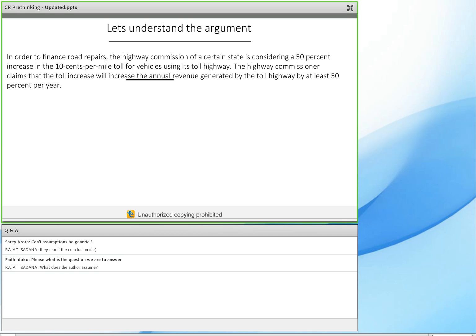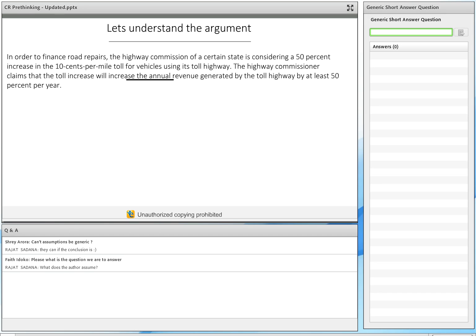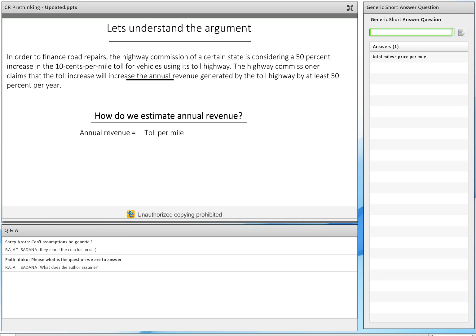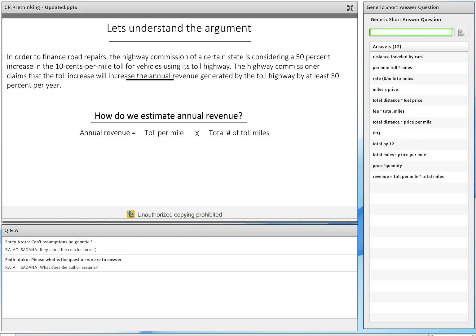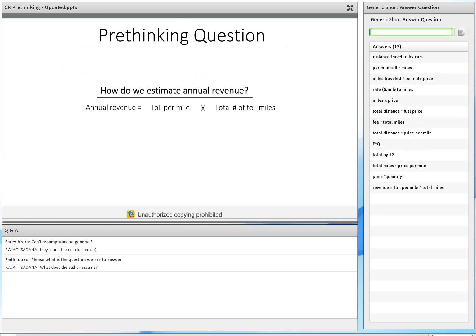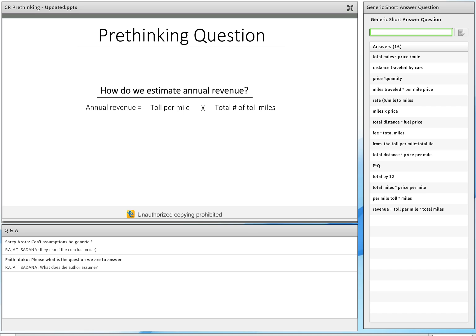How do you estimate the annual revenue overall? Let me put in a short answer pod. How do you estimate annual revenue? You really say annual revenue is nothing but the amount of price per mile times total miles. That's basically it. Total distance times price per mile. Now, what do we already know?